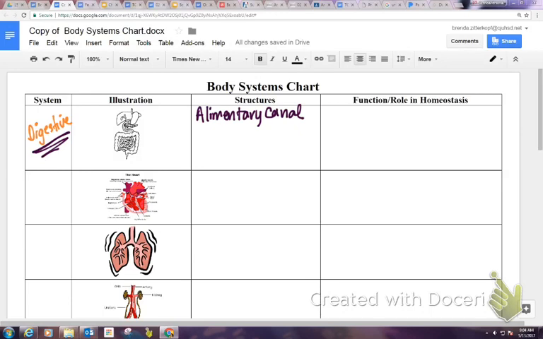So, we won't be able to list them exhaustively, but if we go in order, esophagus, stomach, small and large intestines, but then let's not forget the liver and the pancreas. I think you get the idea.